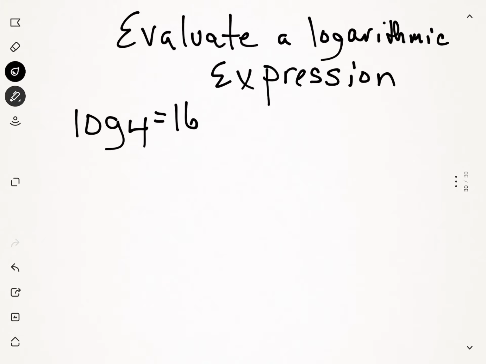So if we want to evaluate this, we want to let y represent the value of the logarithm. So I'm going to set that log 4 of 16. I'm sorry, I wrote this incorrectly here.